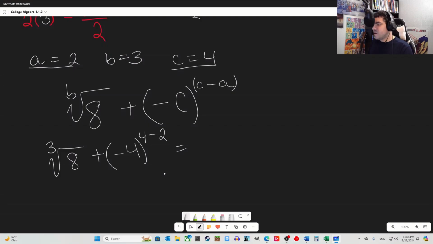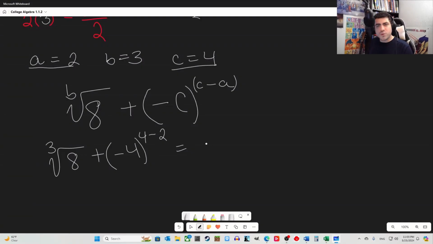Now, starting from the front again. Next step. Cube root of 8. What number multiplied by itself 3 times equals 8? 2. 2 times 2 is 4. 4 times 2 is 8. Eventually, you will memorize these. Start doing the problems in the back of textbooks, and you'll start to memorize them. You'll be able to catch them quick.